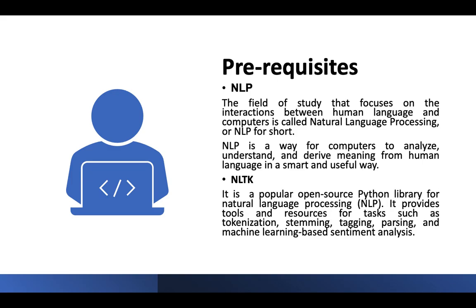Whereas NLTK, or Natural Language Toolkit, is a popular open source Python library for natural language processing. It provides tools and resources for tasks such as tokenization, stemming, tagging, parsing, and machine learning based sentiment analysis.